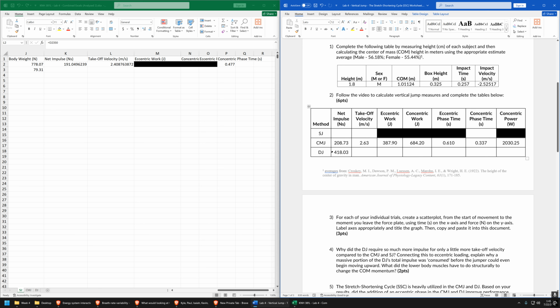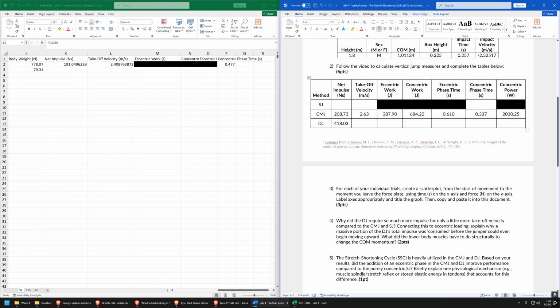Weren't able to jump as high, although we can't get eccentric work or concentric work from this data to figure out how much the muscles did for a good comparison between the muscles of all three jumps. But we have enough here to discuss.